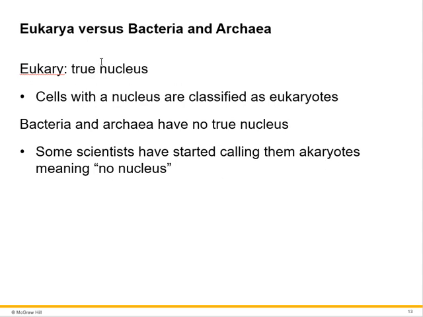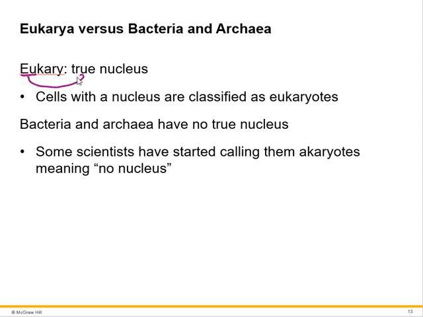And having a true nucleus is the eukaryotes. So what are eukarya, bacteria, and archaea? The eukaryotes are ones which have a true nucleus. And that true nucleus is what they saw when they first looked at them.